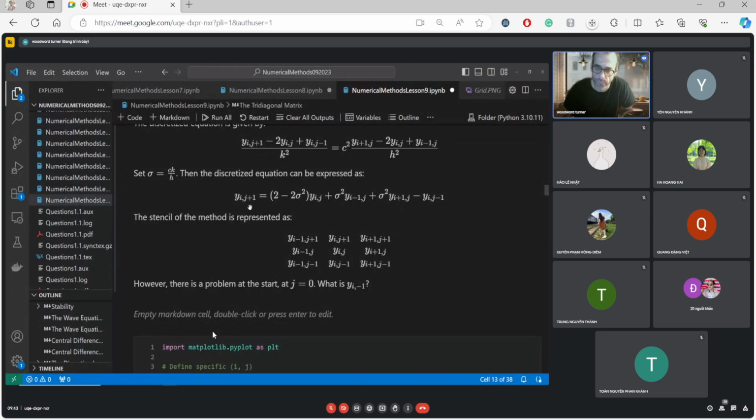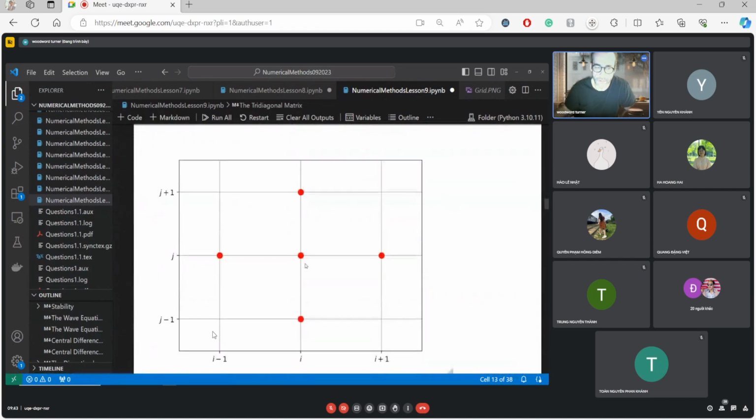And on the right-hand side, we have c squared, and then we have the x derivative, but now I fix my j, and then I'm doing the Taylor approximation of y sub i plus 1 comma j, y sub i comma j, and y sub i minus 1 comma j. So that's what this becomes, the approximation at x_i, t_j. That's what our equation looks like in a written out form where we have data points and values that we're dealing with.